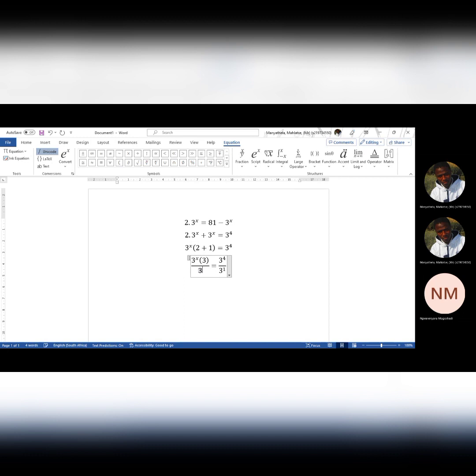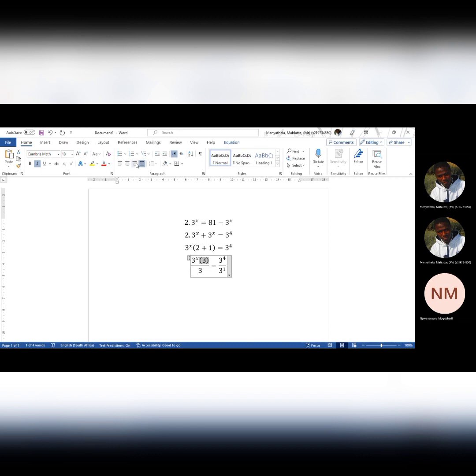So this 3, you cancel this 3. Then using laws of indices, same base again.